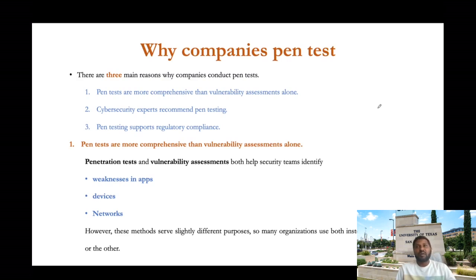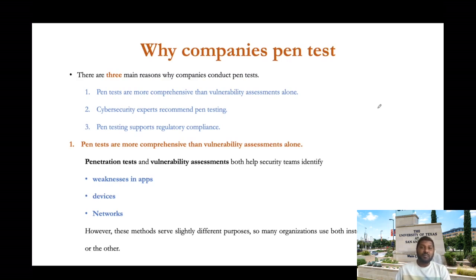If they can exploit a flaw, so can cyber criminals. And because penetration testing services are usually provided by third party security experts who approach the systems from the perspective of a hacker, pen tests often uncover flaws that in-house security teams might miss. That is the first reason.